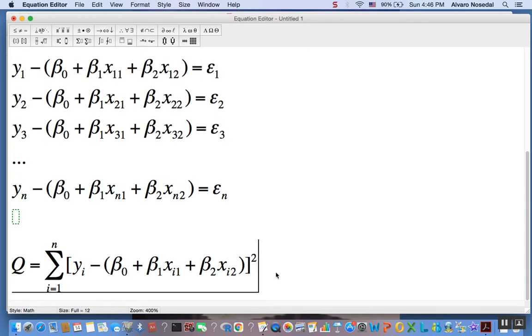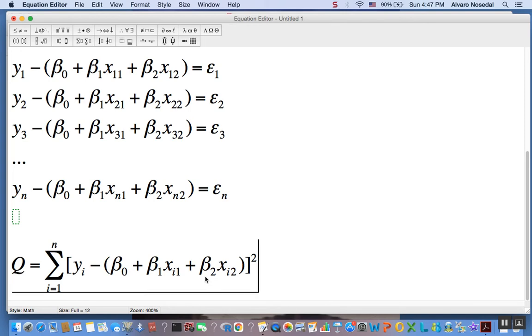Well, now we want to minimize that same function with respect to beta 0, beta 1, and beta 2, right?